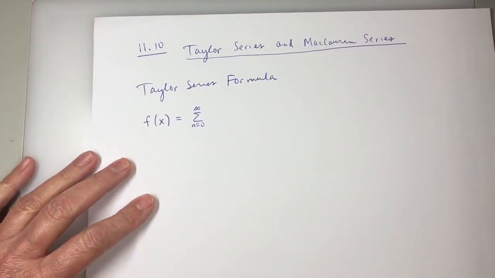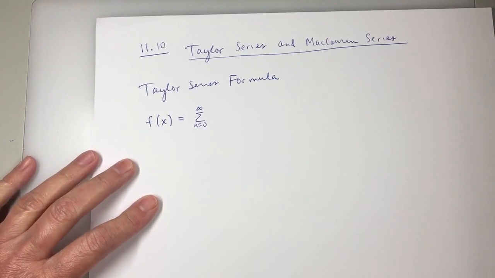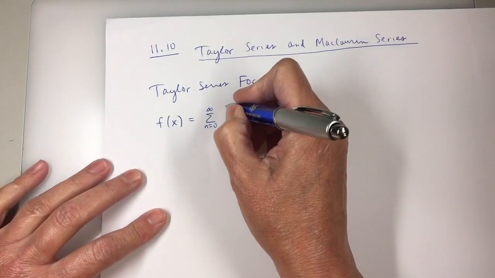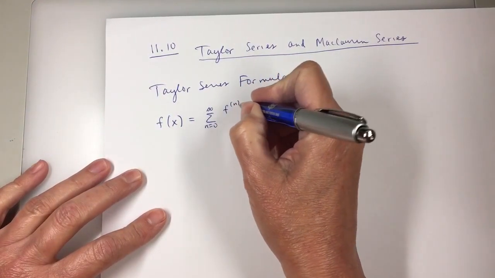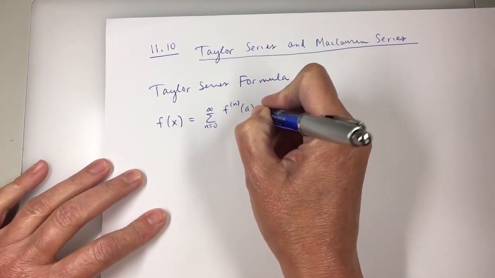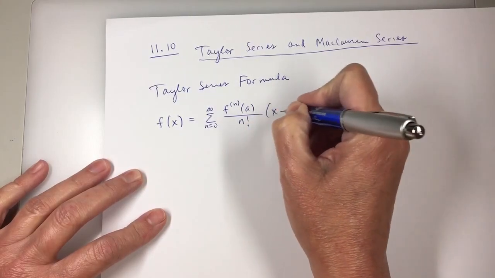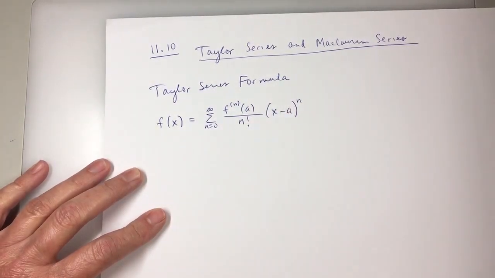It's the sum as n goes from 0 to infinity of the nth derivative at a over n factorial times x minus a to the nth power.